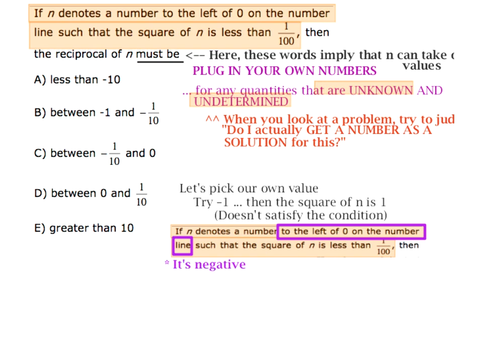So the square of it is going to be less than 1/100. You may not immediately see what kinds of numbers will do this, but at least you know that we're dealing with fractions, because there's no other way you're going to get the square of a number to be so small.